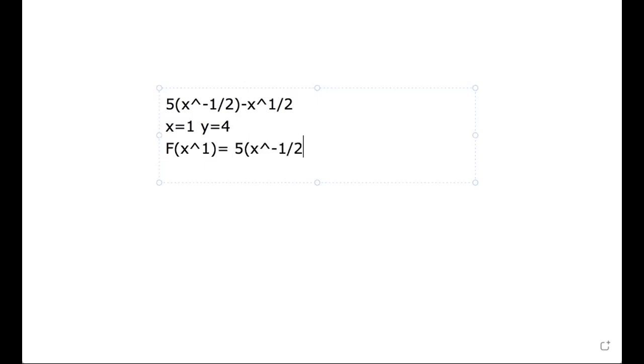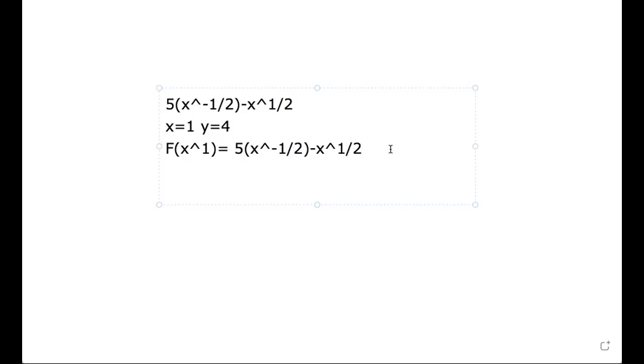negative half x. Keep in mind that the negative half would be multiplied by 5 and subtracted also by 1. After we find the derivative, the exponent would be negative 3 over 2, okay? And the 5 would be 5 over 2 because we multiplied negative half by 5. And the half would be multiplied by negative 1. We see the negative sign, and then it would be negative half because that's the procedure.